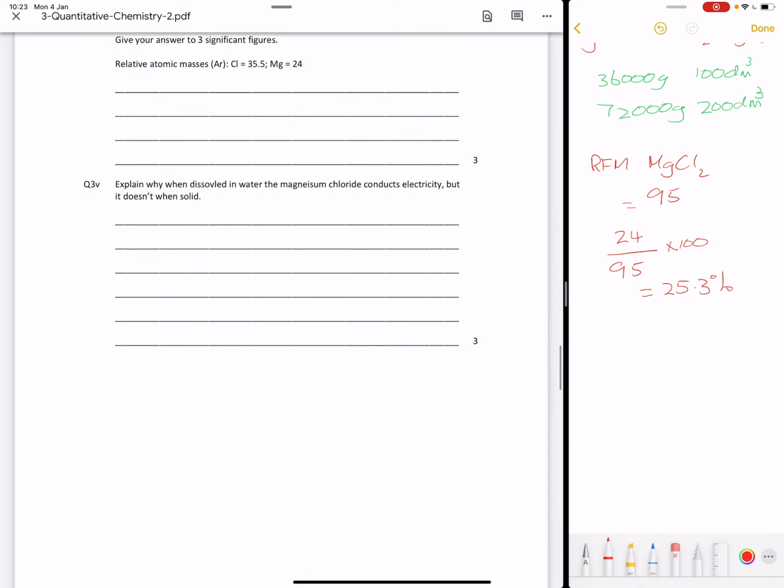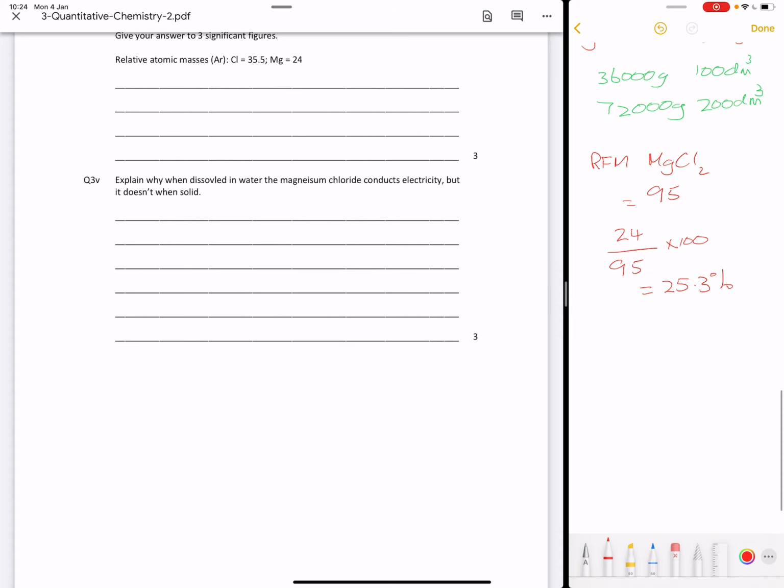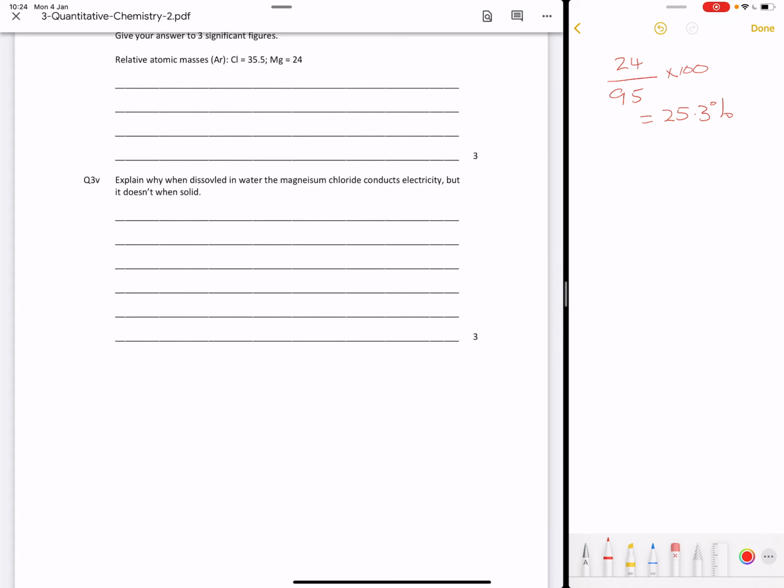Okay. Next one. Explain why, when dissolved in water, the magnesium chloride conducts electricity, but it doesn't when solid. So pause your video here and have a go at this, please. Okay, let's have a look at this. So, what are they looking for?